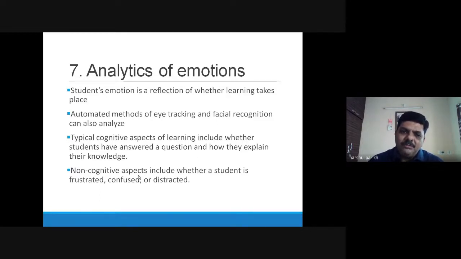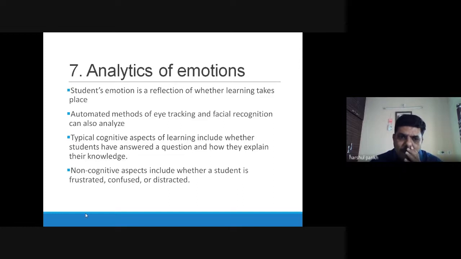But as a teacher, from the eyes of the student we can track, from the face we can recognize and analyze whether they have achieved or not. When we develop such techniques, with our ability to analyze their emotion, we can judge their learning.